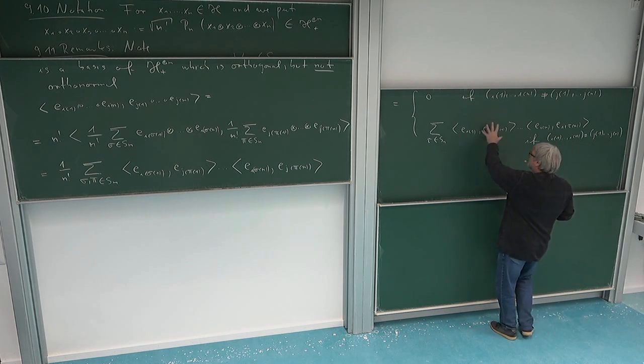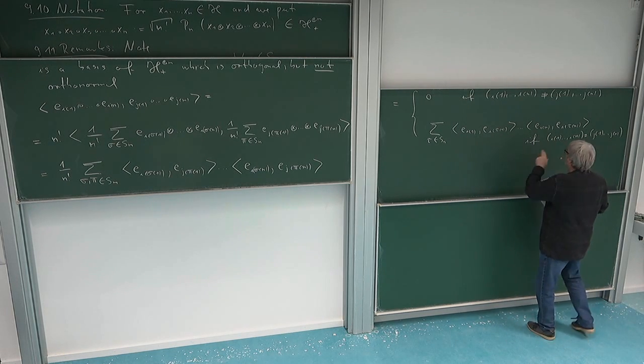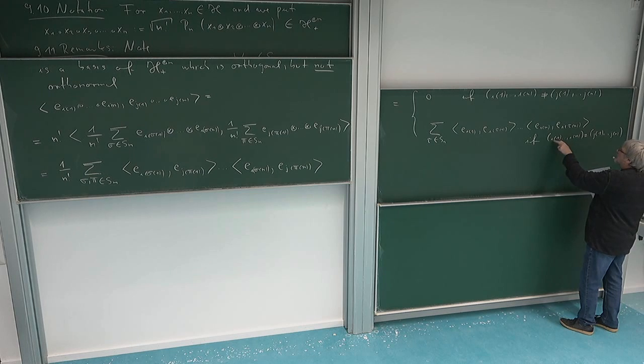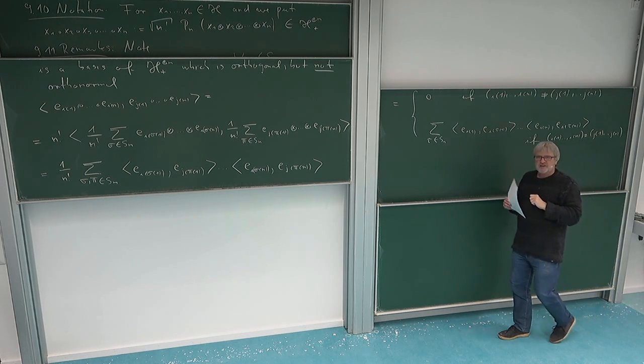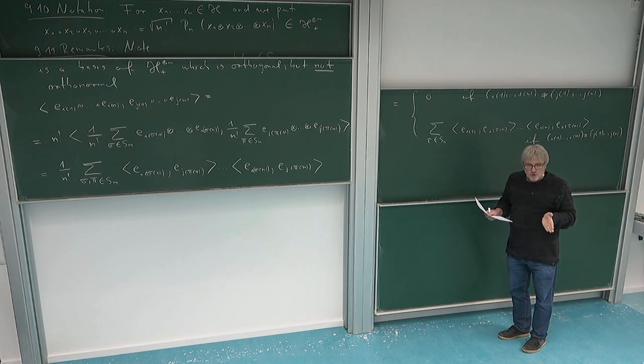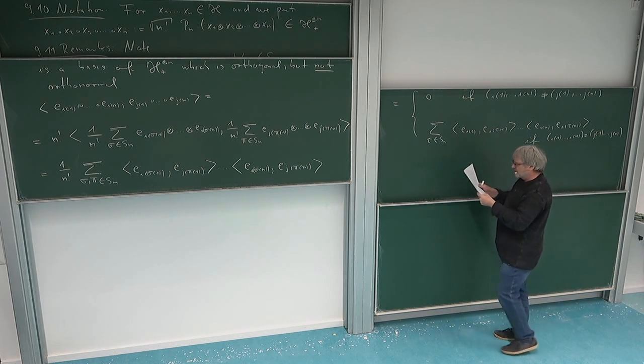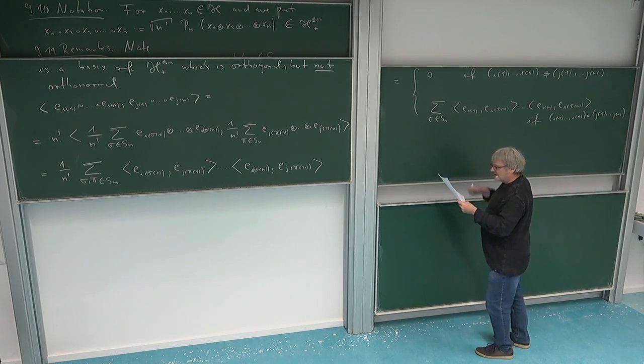The actual value now really depends on i_1 up to i_n, because they can be all different, or at the other extreme all the same, or some of them different and some the same, and then I get different results.